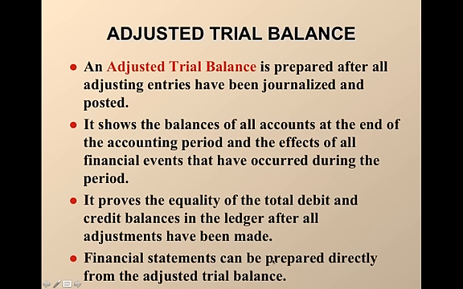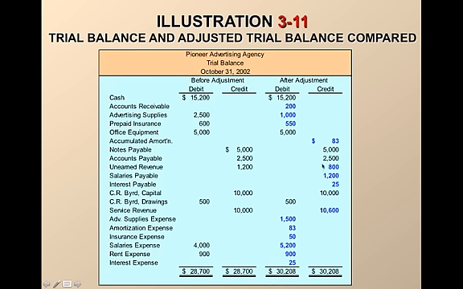Now, financial statements can be prepared directly from the adjusted trial balance. You have all the information you need there to do it. So here's a trial balance before the adjustments and then after the adjustment. So for example here, there was no accounts receivable, but after the adjustments, now there's a debit of $200. So basically you've recorded a revenue that you had earned that was not recorded in the period. And so on and so forth.